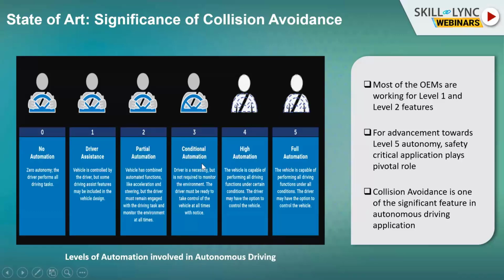Moving on to level 3, which is the conditional automation, you can see the driver is holding the wheel with only one hand. Here the driver is a necessity, but is not required to monitor the environment. Under level 2 and level 3, the collision avoidance feature comes into the picture.